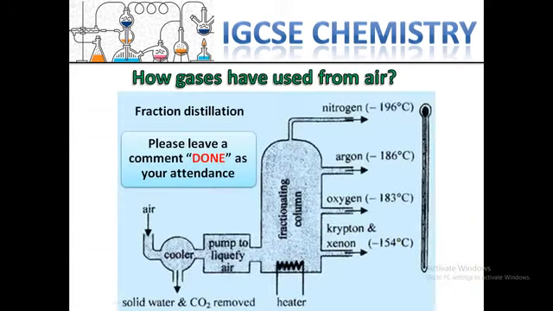So yeah, but how can these gases be taken from the air? By fractional distillation. Fractional distillation is one process in factories where they get air first.